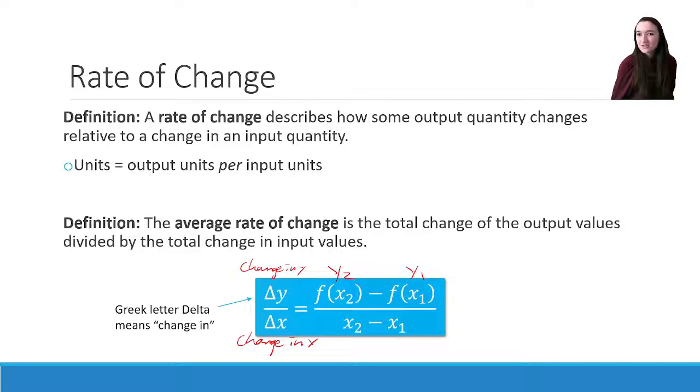It's exactly the same as it was before. We're just being very specific about what two points we're picking, and we're realizing that it doesn't have to be on a line. It can be on any what's called a curve or any graph that we're given. We can pick any two points. It doesn't have to be a straight line between them.